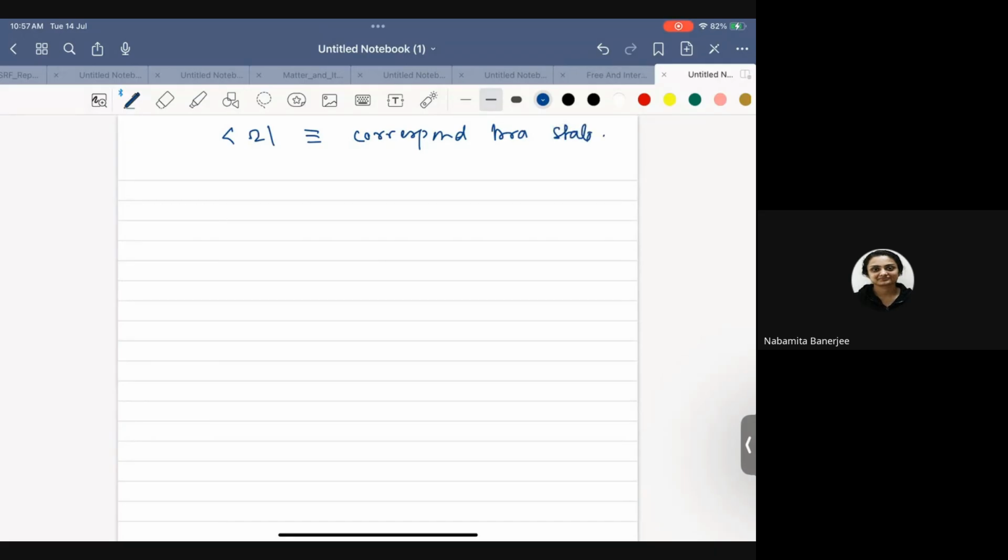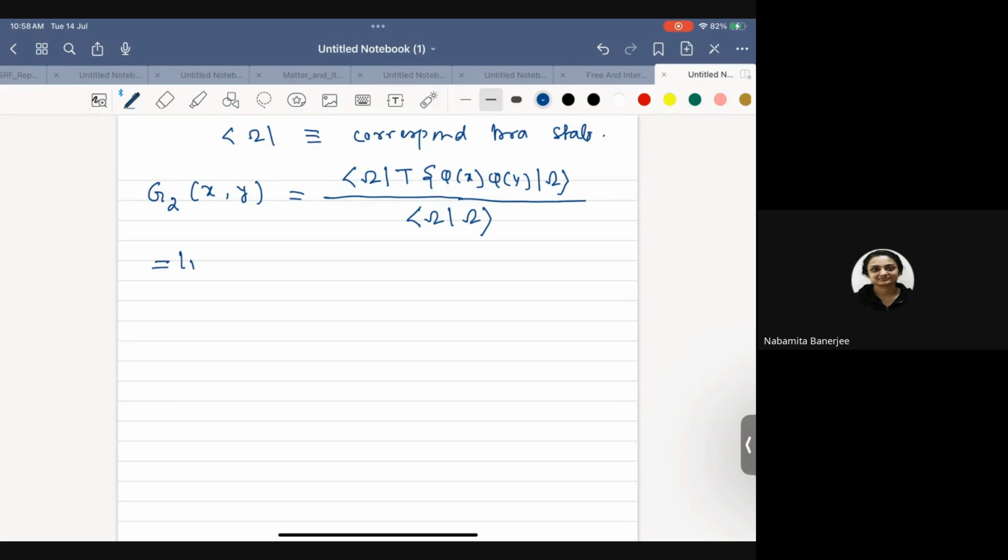So with all this put together, again, I'm going to suppress some ten lines of algebra, but please allow me, otherwise we cannot do anything in these lectures. Omega, T, phi(x) phi(y), omega. I'm just dividing it by unity. These are all unit normalized. And I'm sure if you think a bit, it would be clear why I have done that.